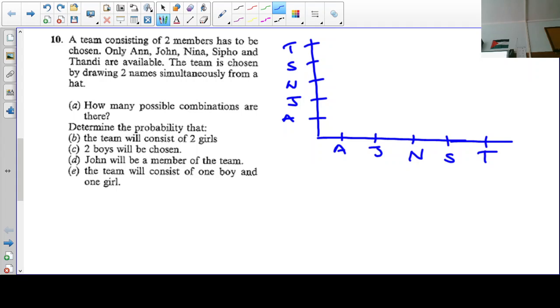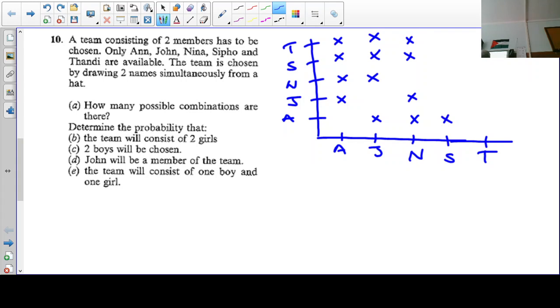So the teams could be made up as follows. We can't have two N's in the group. Not so? It'd be too much. So we have an N and a John, an N and Nina, an N and a Sipo, N and a Tandi. Then John and N. Can't have a John and a John. However, John and Nina, John and Sipo, John and Tandi. We got Nina and N, Nina and John. Got Nina and Nina. We got Nina and Sipo, Nina and Tandi. You see that?